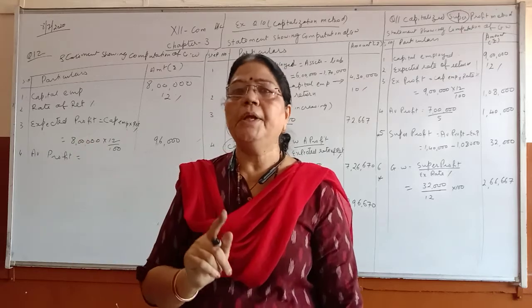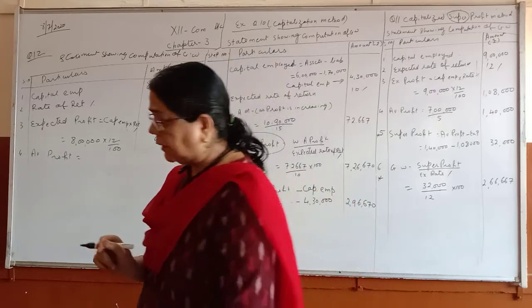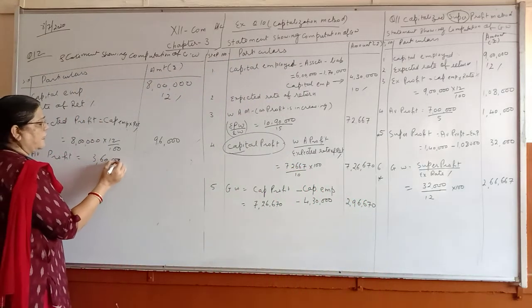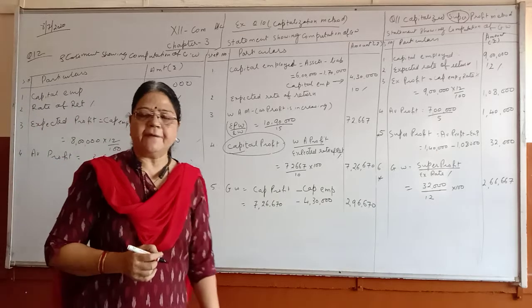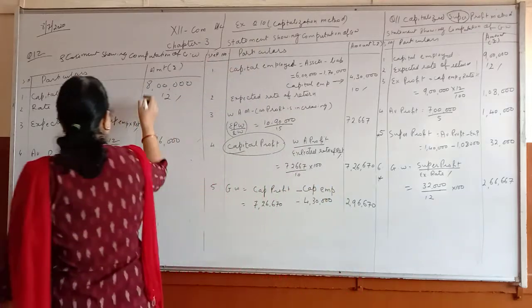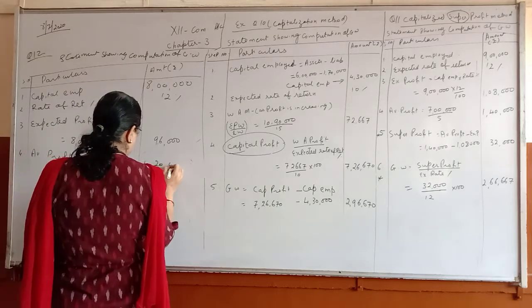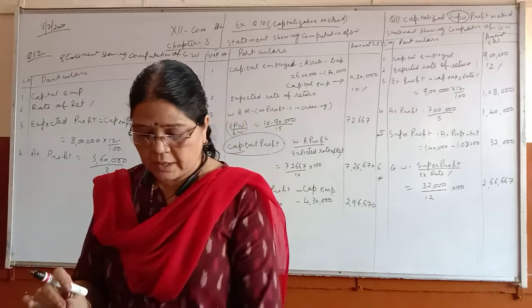So here we will use the simple average method. When you do the total, you will get 3,60,000 and it is for 3 years. You are going to divide by the number of years. So the number of years is 3, and your profit will be 1,20,000. This is your average profit.